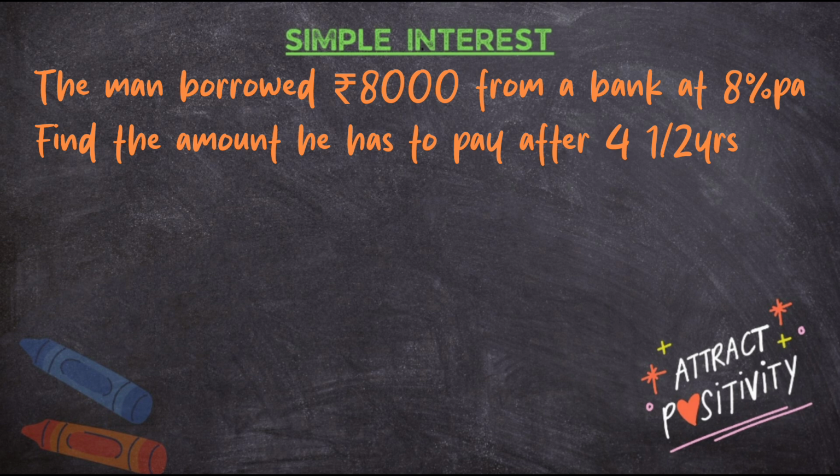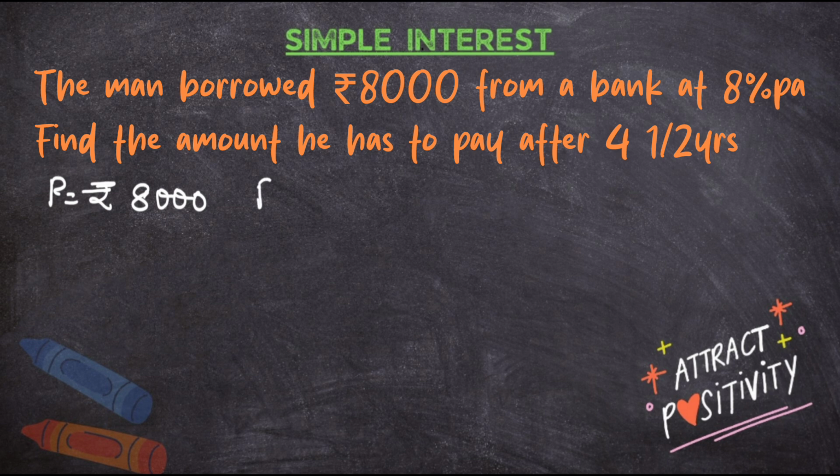Now I'll try to solve this given word problem. The question says a man borrowed rupees 8,000 from a bank at 8% per annum. Find the amount he has to pay after 4.5 years. So the first step whenever you find such a question is to write whatever is given. Principal is rupees 8,000.